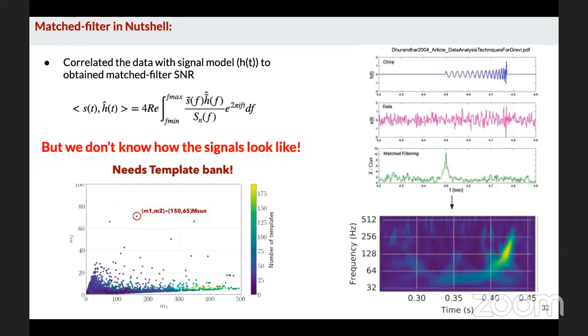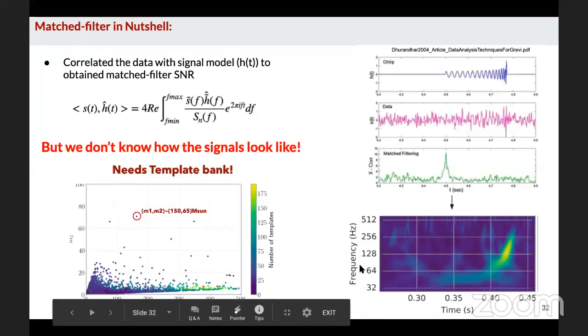By GW waves, whatever we are receiving in our ground-based interferometers, how can we detect the source, which object it is coming from?